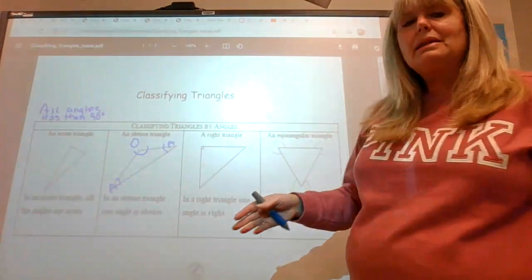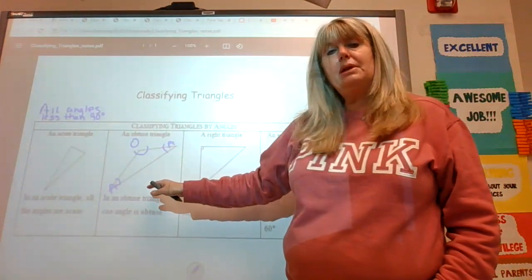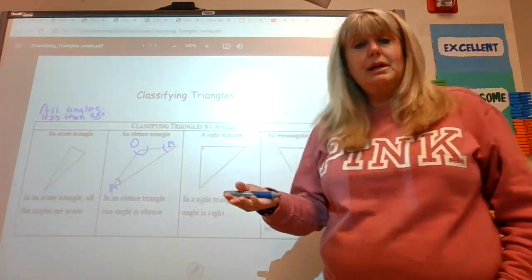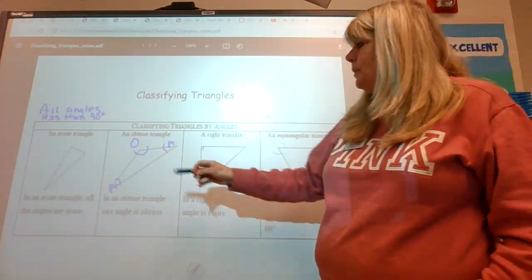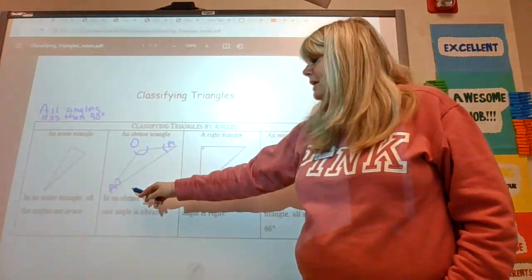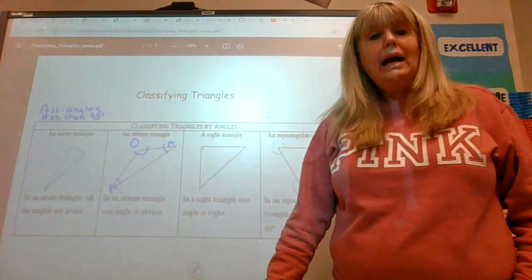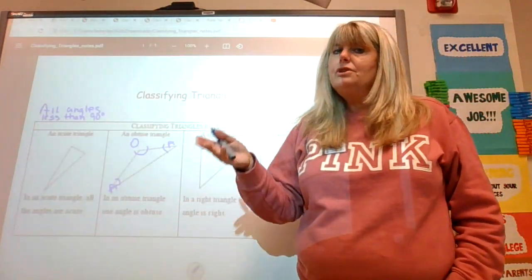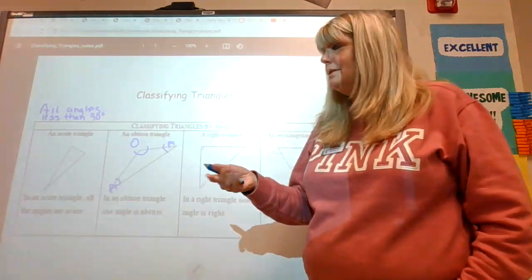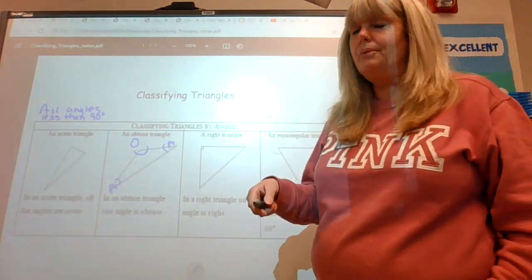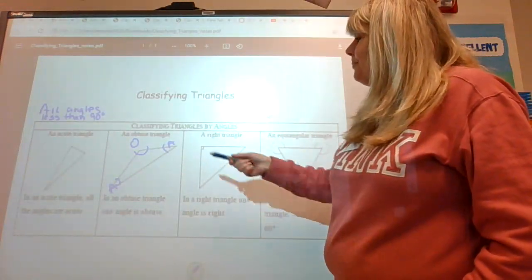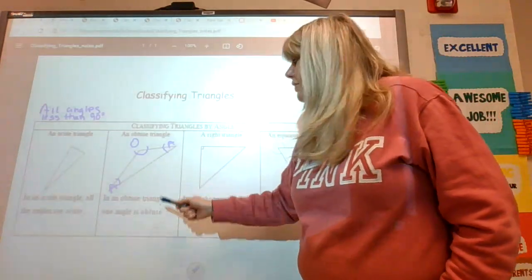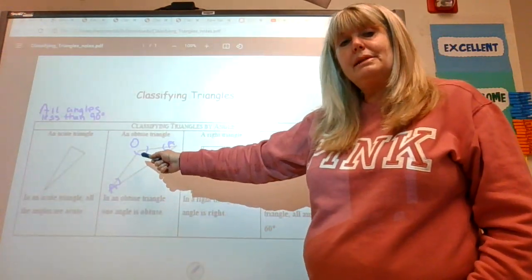And the reason why is all these angles up here are going to add up to 180 degrees. So if this one is 91, these two right here have to add up to 89, because 91 plus 89 should give me 180 degrees. I hope. Okay, so obtuse, there's only one angle and it's obtuse.